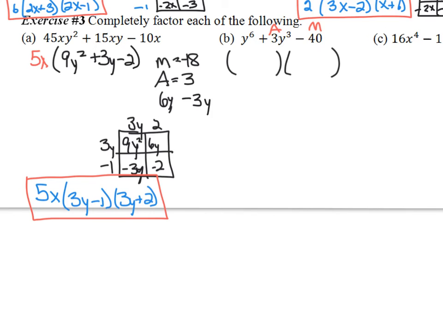So I'm going to put y to the 3rd times y to the 3rd. Now if I have to add to get 3 and multiply to get negative 40, I know that the combination would have to be an 8 and a 5, with the 8 being positive and the 5 negative.